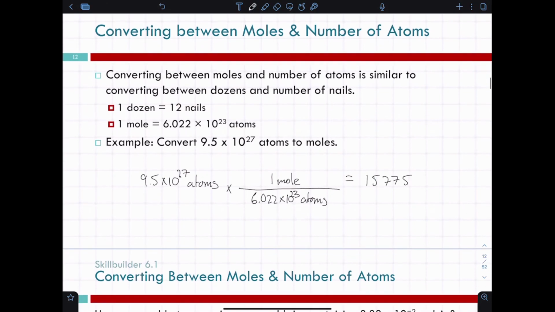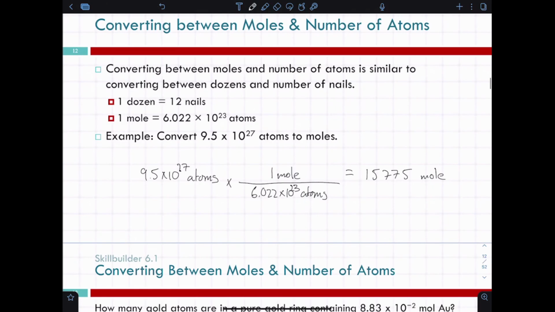We don't really need to go any further because that's already too many sig figs. So the decimal place is there, and we move that over 1, 2, 3, 4. This is 1.6 times 10 to the 4 moles.